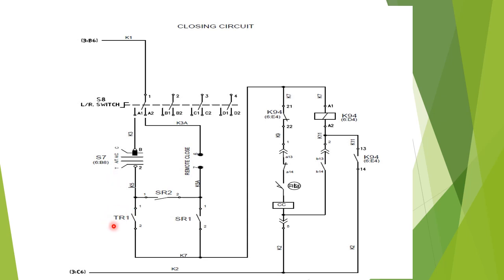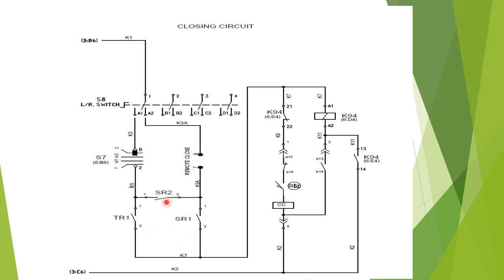Here TR1 is the limit switch contact for the test position of the VCB. When the VCB is in test position, the limit switch will be energized, and therefore the contact of this limit switch changes position. This contact has been shown under de-energized condition. So under test position, this contact will be in NC position.